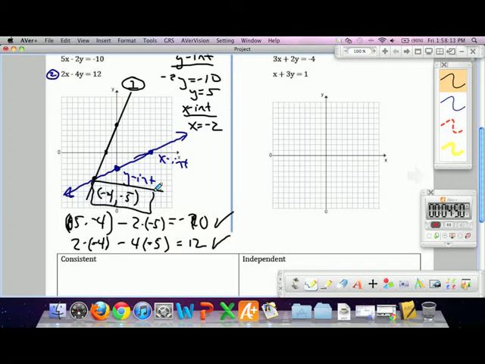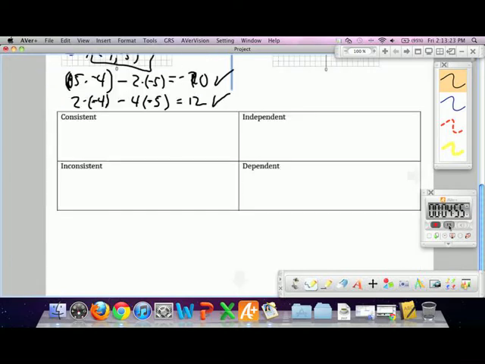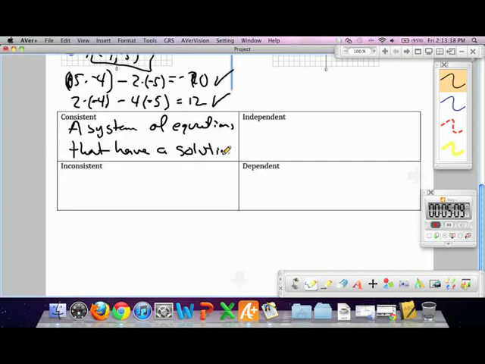A system of equations that have a solution, they have at least one.